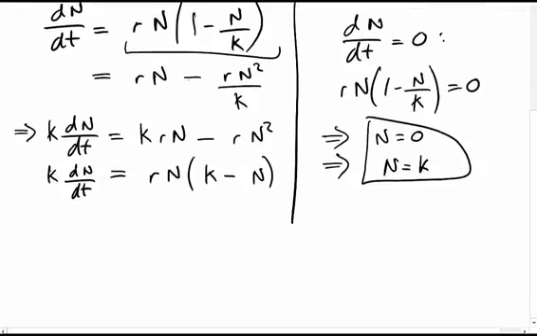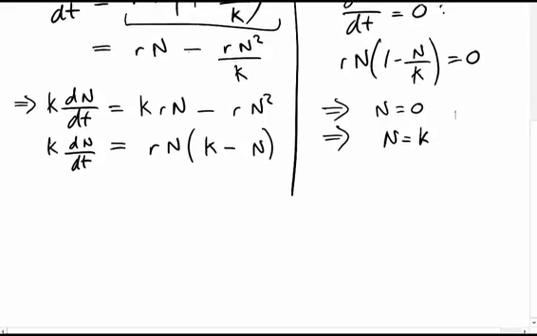Okay, so let us assume that n is not equal to either of these two values, so n is not equal to 0 or k. Then we can obviously solve this ODE, and we can solve it by a technique called separation of variables.